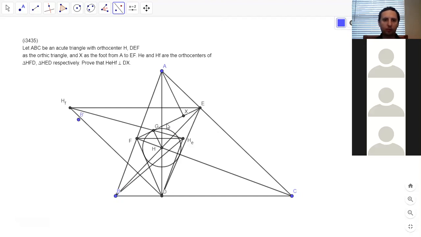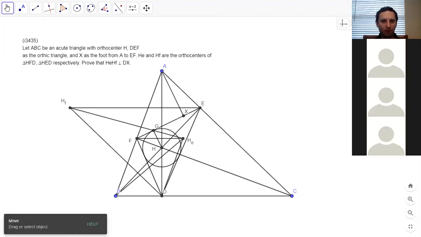So basically you reflect the excenter across the midpoint of a segment, and then that point must be the orthocenter of, in this case, FHD. Okay.